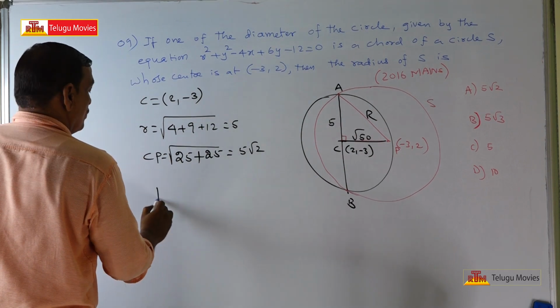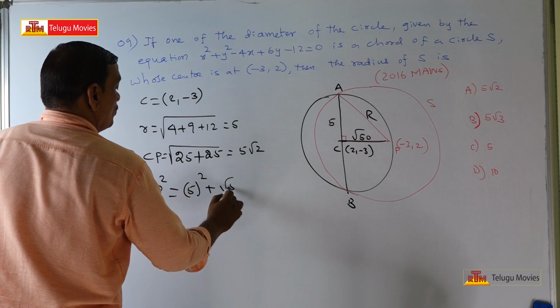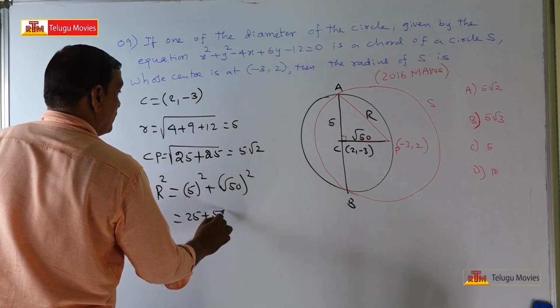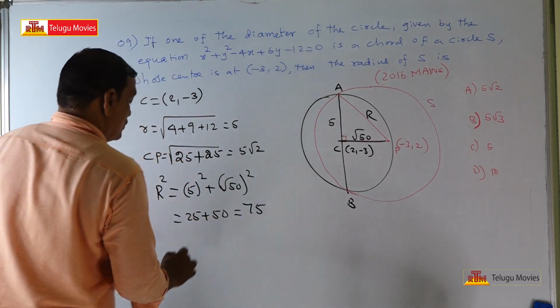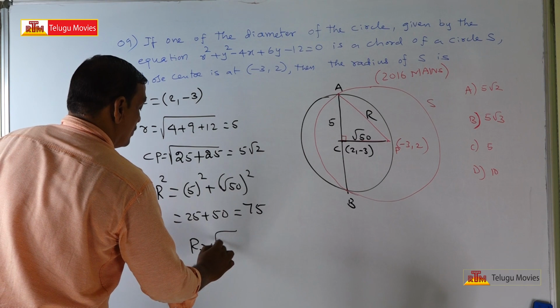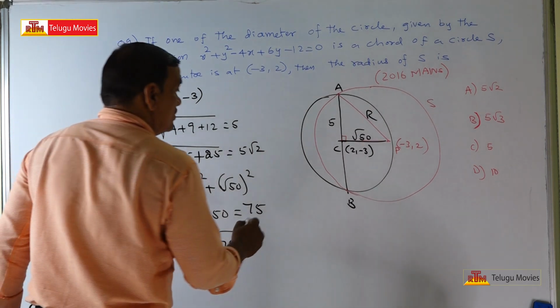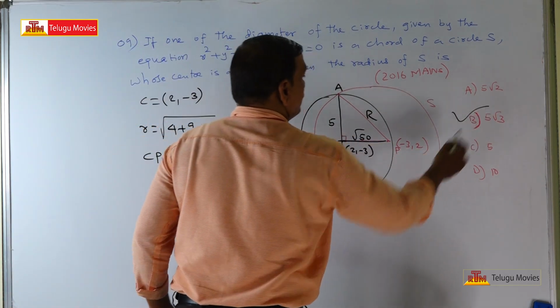So, r square is equal to 5 square plus root 50 whole square, that is equal to 25 plus 50, which is 75. So, what is the radius of the circle? Under square root of 75, 25 3s are, that means 5 root 3. So, the radius of the circle is 5 root 3.